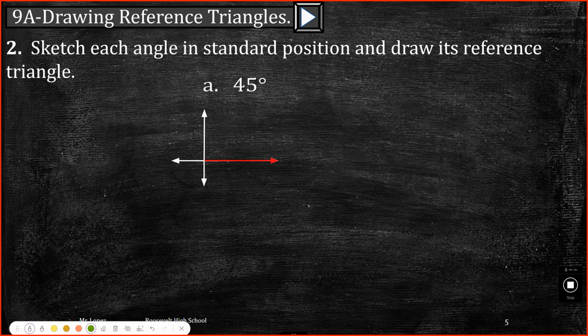Am I gonna go up or am I gonna go down? Up. So how much do I go? Isn't it right in the middle, 45? Yes? Half a 90, no? So it's gonna be right here.